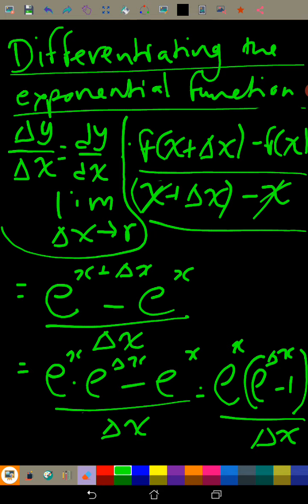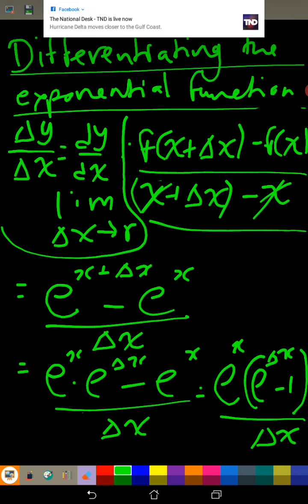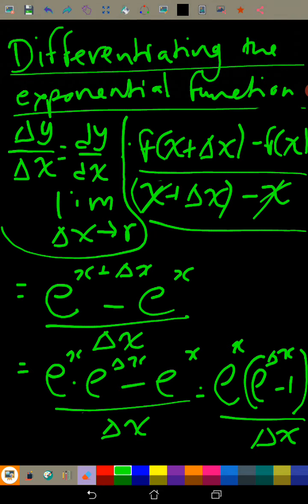So now something is going to happen so that we get the derivative of e^x is equal to f. So how do we do this? Just a moment.